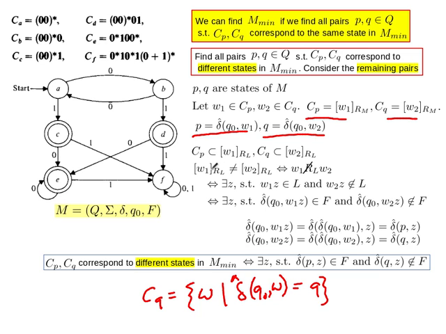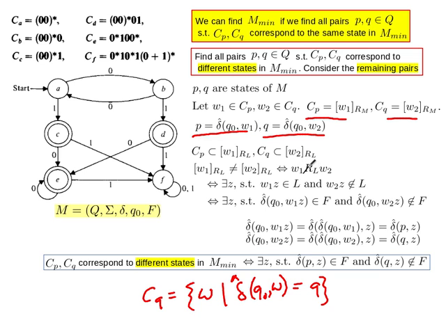So we are trying to find out when these two are different. These are equivalence classes of RL, and these two are different if and only if these are not related in RL, right?